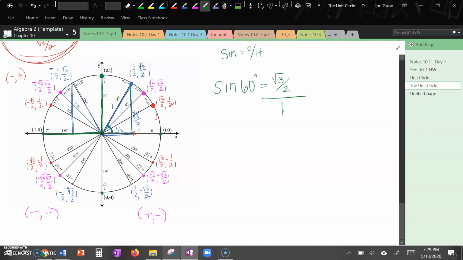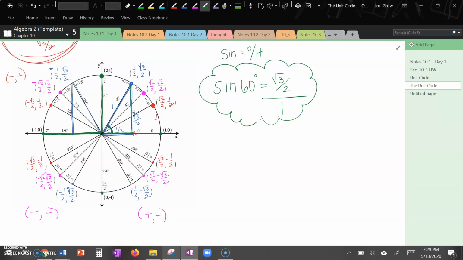Well, because all of these hypotenuses are going to be 1, I can kind of eliminate that. And so the sine of 60 degrees is root 3 over 2. And this is the whole point of doing the unit circle. We can easily find the sine of 60 degrees if we understand the unit circle. So if you look at this right here, this is the sine of 60 degrees.